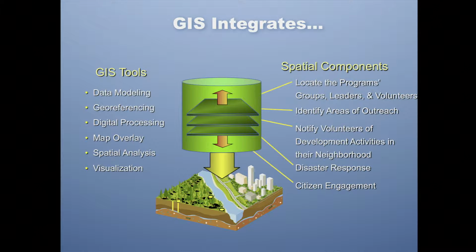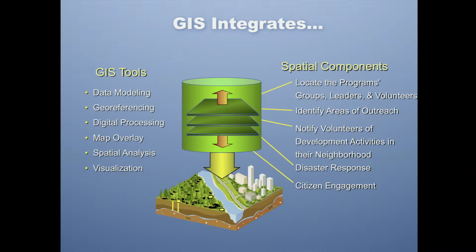So how do we integrate this data with GIS? We start off by locating these groups, volunteers, and leaders throughout our city, so we can see where they are dispersed in our area, and put it in an easily retrievable format that we can easily access and keep up to date.